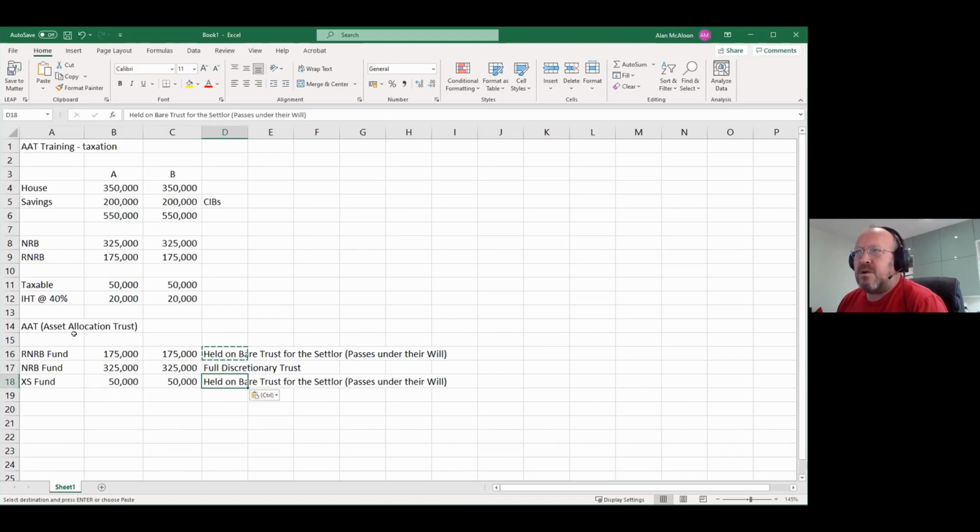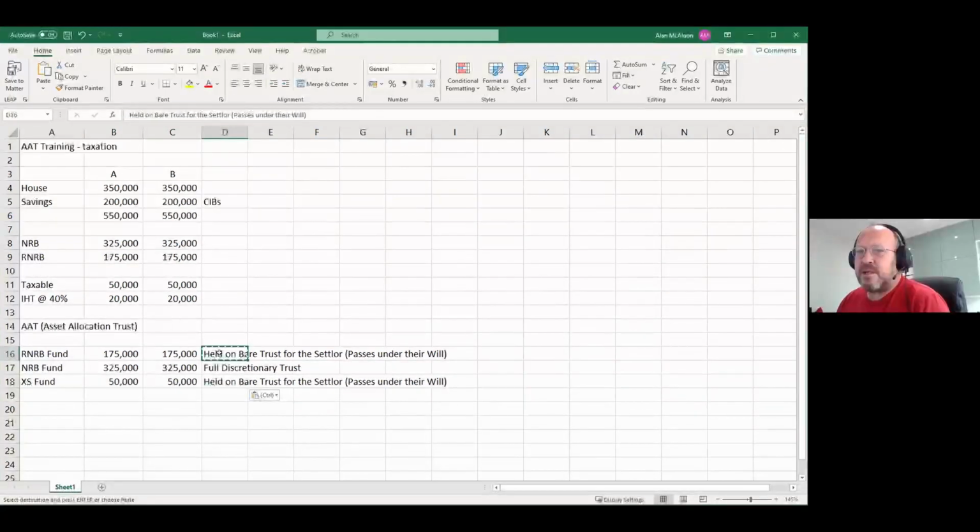But all of these assets are in the name of the trustees, so still don't require probate. Even though this is held on bare trust for the settlor, it's still in the name of trustees rather than in the name of the deceased. So it can still be dealt with by the trustees. They don't have discretion on how to distribute this or how to distribute this.